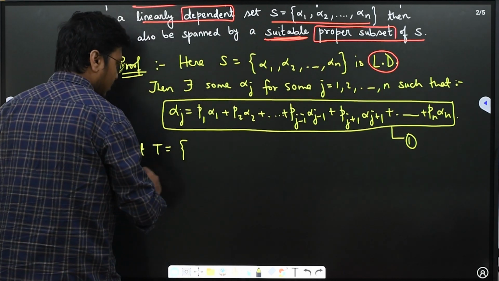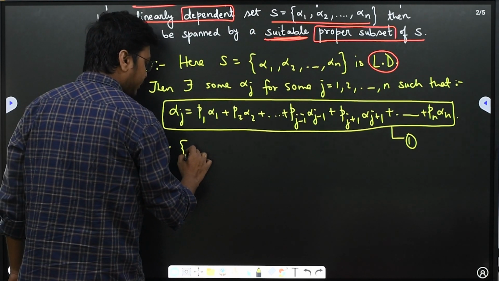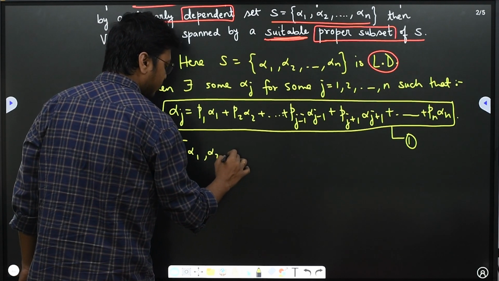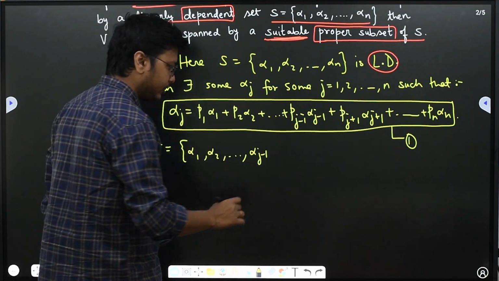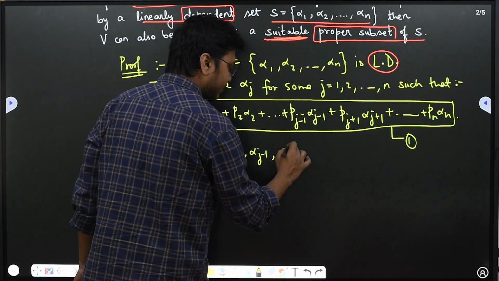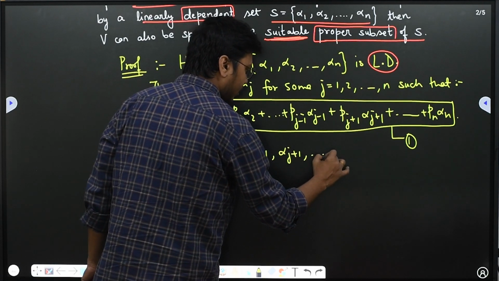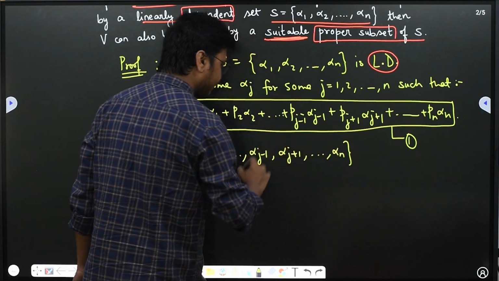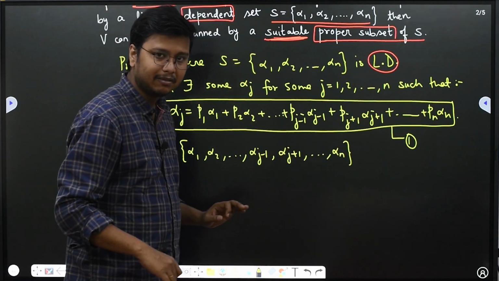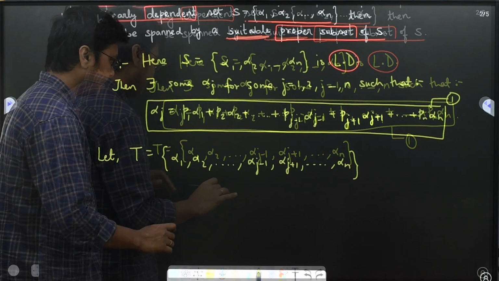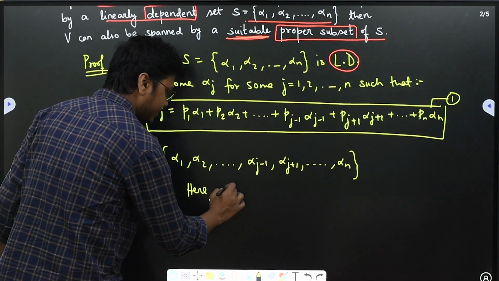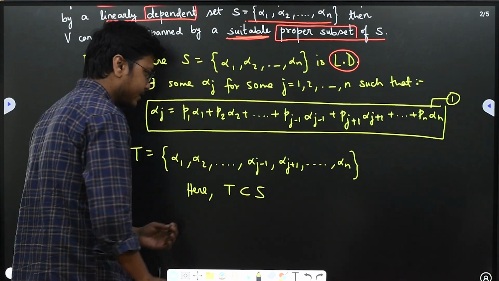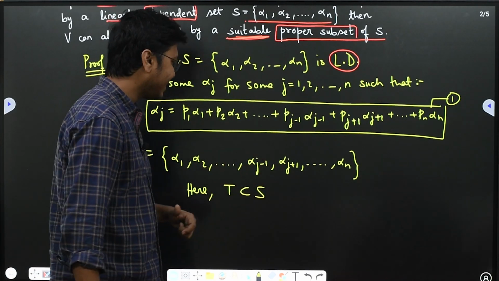So T is alpha 1, alpha 2, dot dot alpha j minus 1. I am deleting alpha j, so the next element will be alpha j plus 1, dot dot alpha n. So I have created my capital T set. Here obviously we can see that T is a subset of S, since I have deleted one of the elements from the S set.